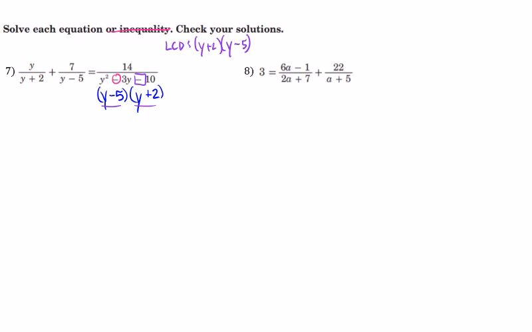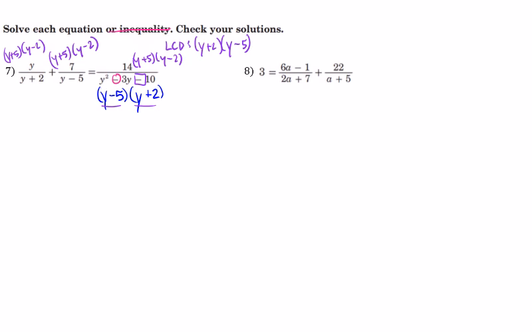So now what I'm going to do is multiply each term by the LCD. So it's going to be y plus 5, y minus 2 here, and so on for each term. Oh, I messed up here.